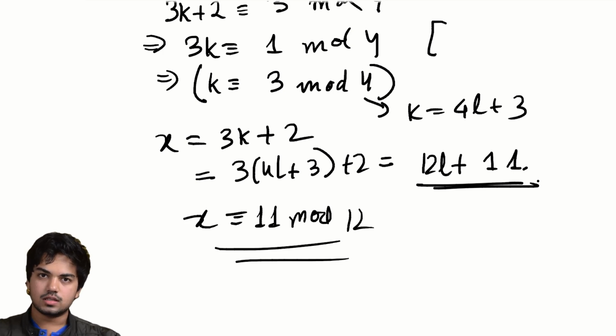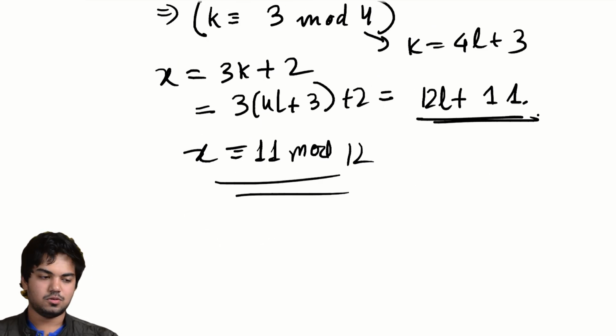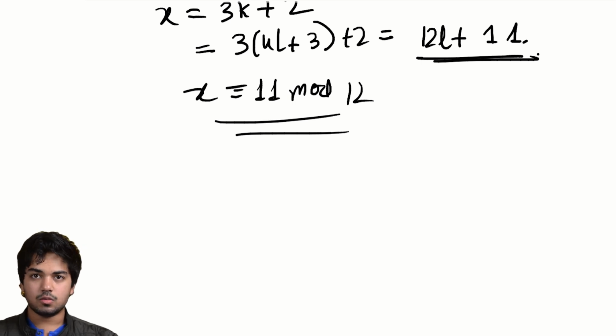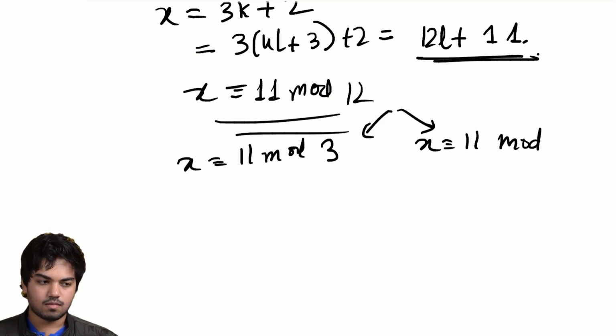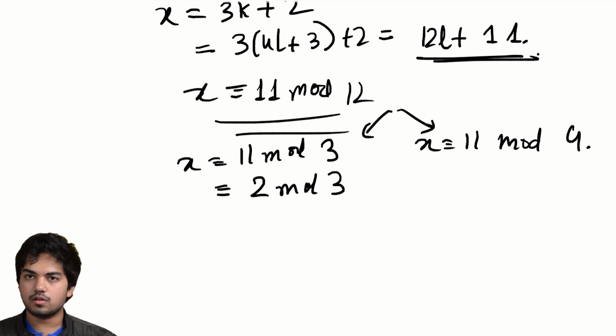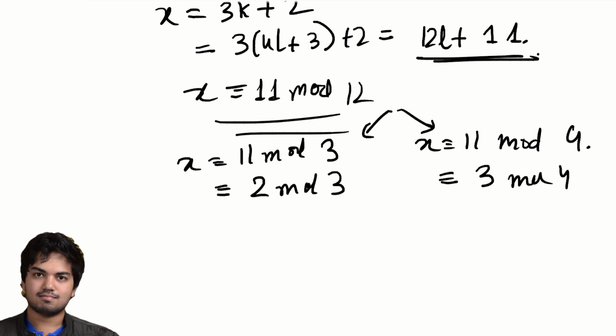There's also a backwards compatibility here. If x is congruent to 11 mod 12, it also means that x is congruent to 11 mod any factor of 12, 3 and 4 at the same time. What is 11 mod 3? 2. What is 11 mod 4? 3.